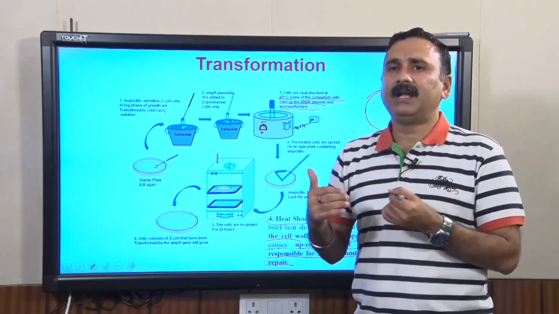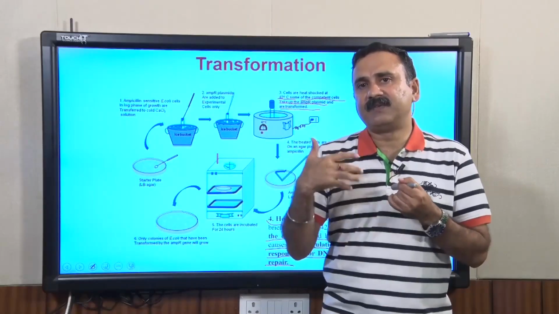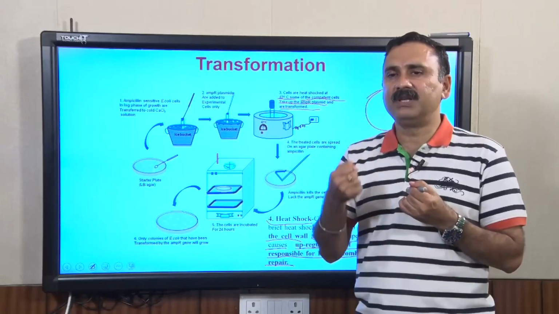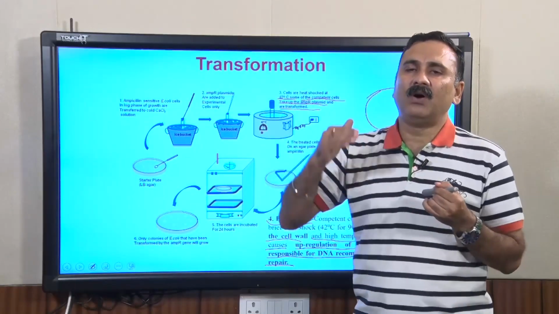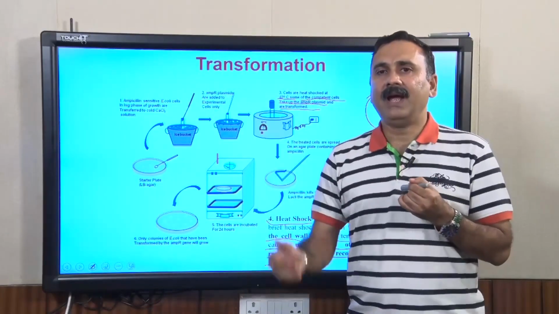On the other hand, heat shock is giving some kind of stress, and this stress is always associated with downstream signaling processes, which upregulate many types of factors to take care of this stress.